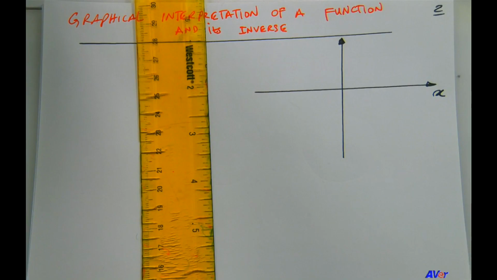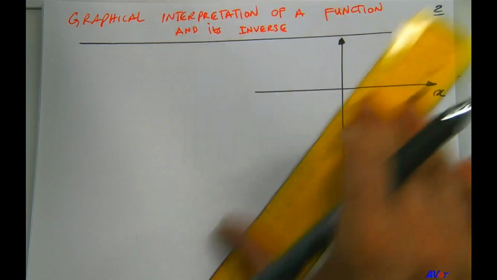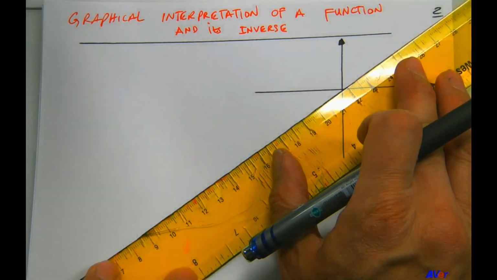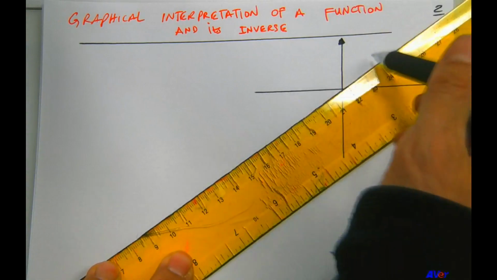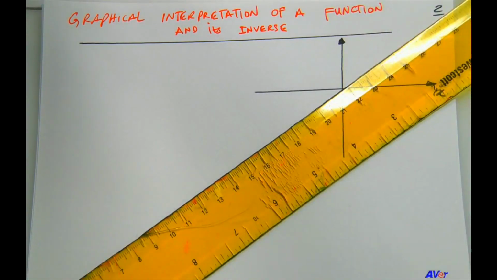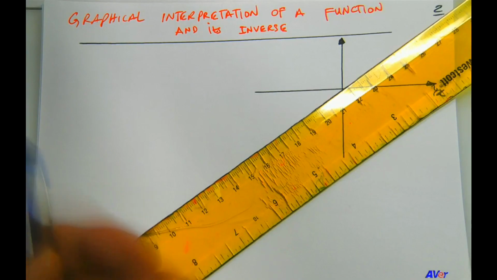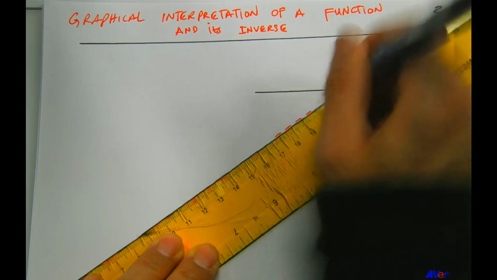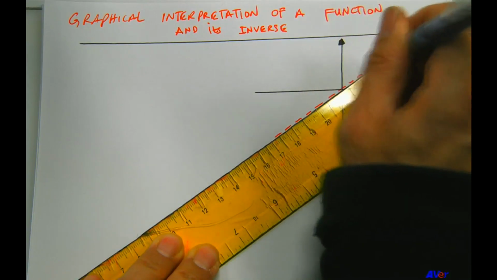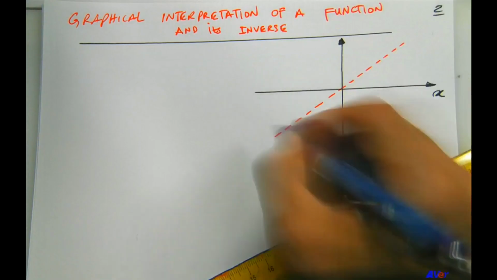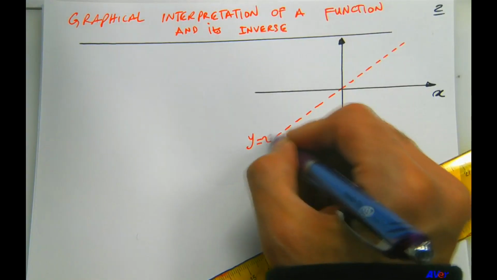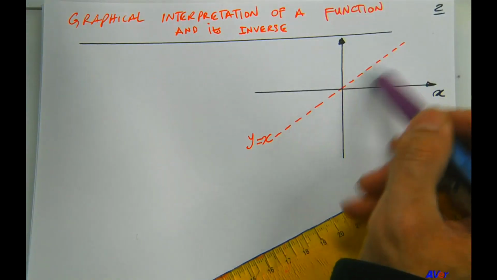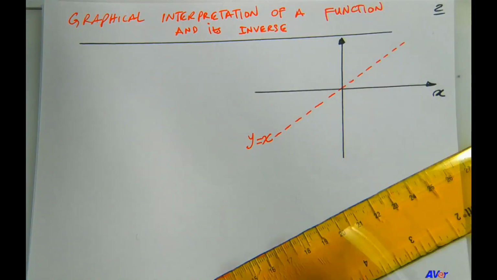Such a line is called y equals x, and it goes right through the origin, dissecting the first and the third quadrants. So let me draw it as a dashed line. So this is the line y equals x. The y and x coordinates of any point on this line are equal to each other.